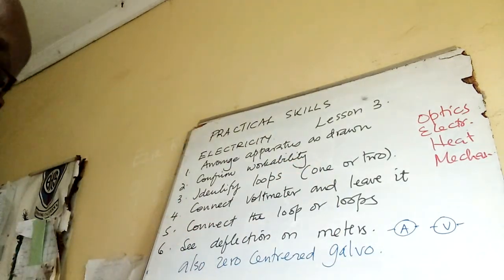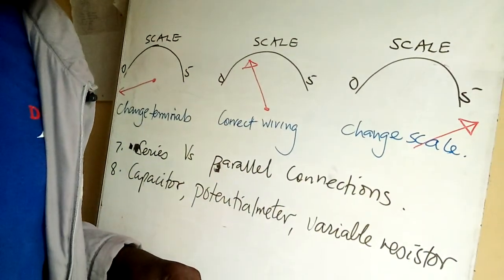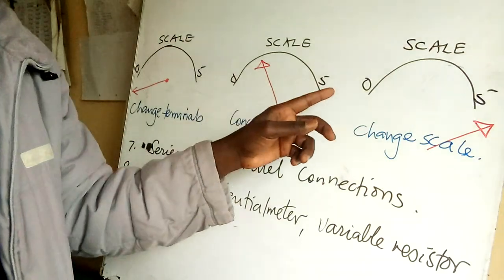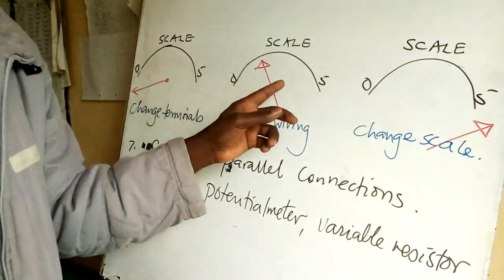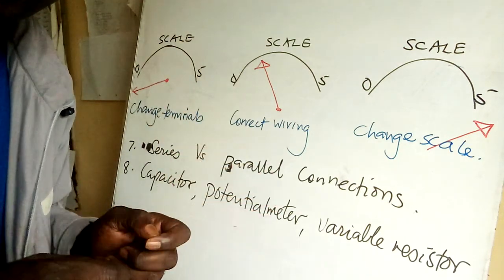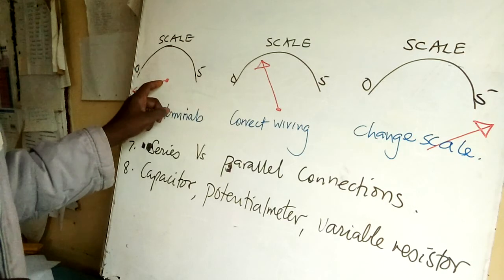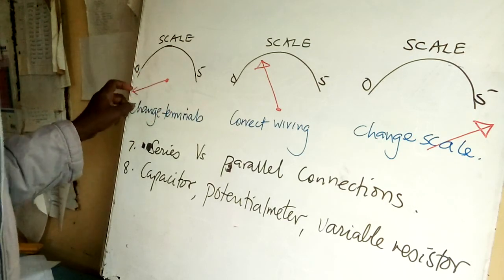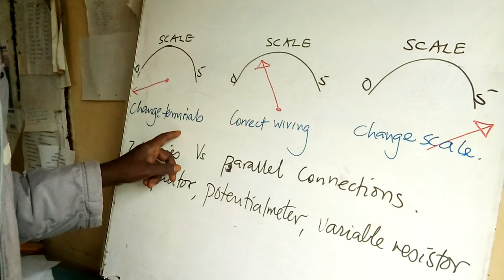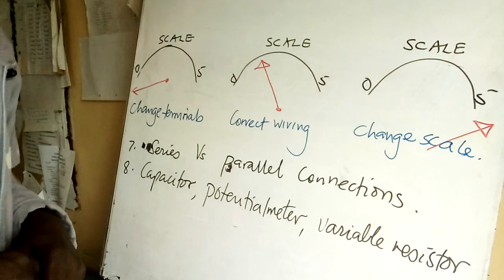I want to focus the camera down so that I deal with something here, which I said you don't need to cram. When you are dealing with an ammeter and voltmeter, after you have connected your loop and you find the pointer is below zero where there is no scale, then you change the terminals. Where there was positive, take it to negative, and negative, take it to positive.